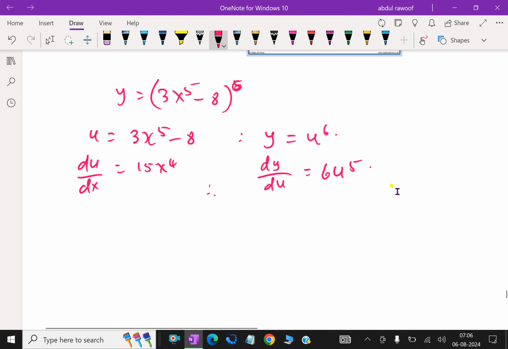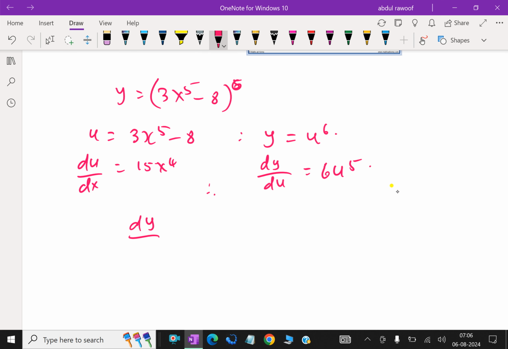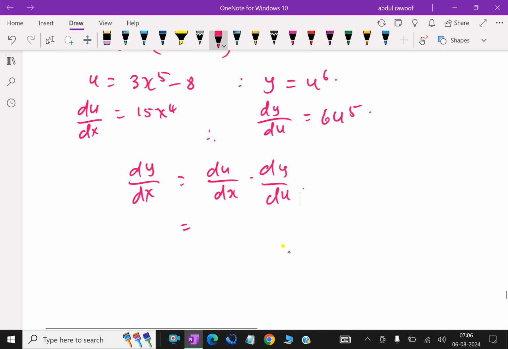Now therefore we need dy by dx equal to du by dx into dy by du. Look at here, this du is up and down, so it may cut, and you get dy by dx. This is called the chain rule. But you cannot cut du and du here, then we have to substitute.